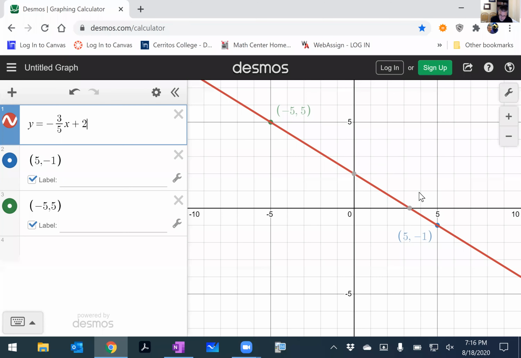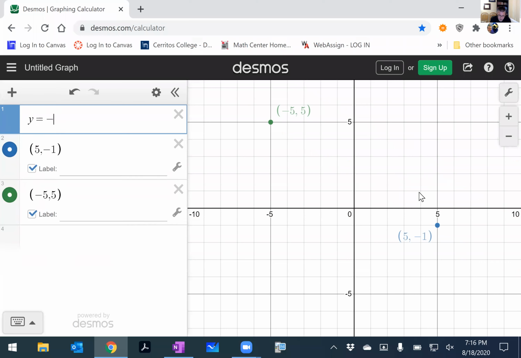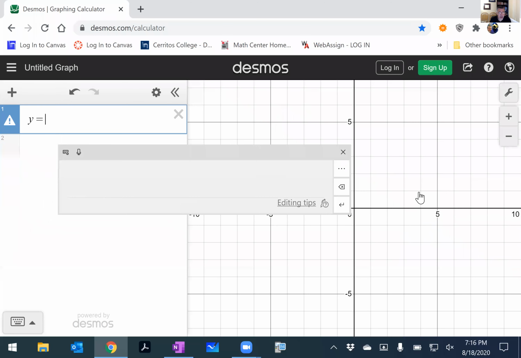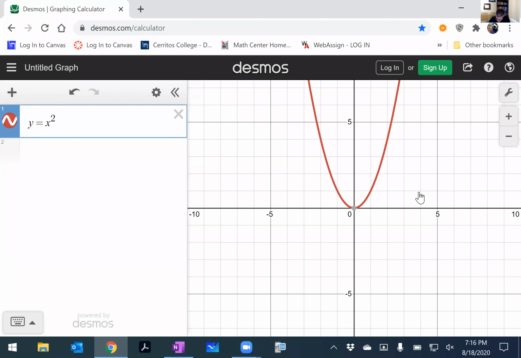What if we wanted to graph a quadratic? Say y equals x squared minus 1. Well, we could do the same thing. Y equals x squared, just raise this to the second power, and then minus 1.